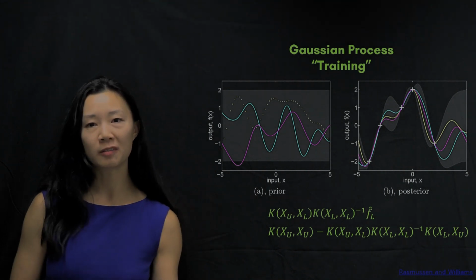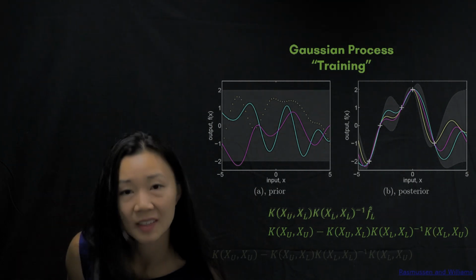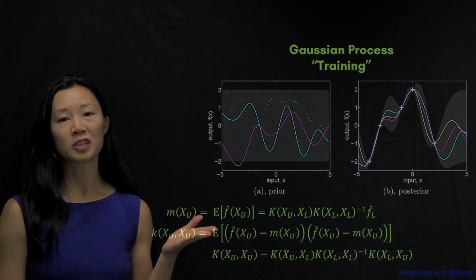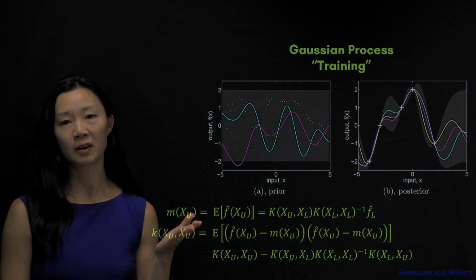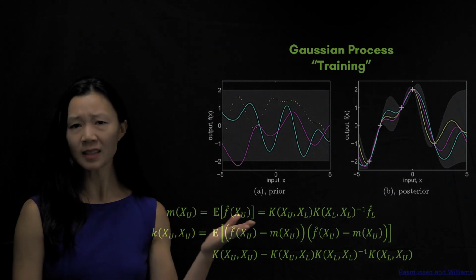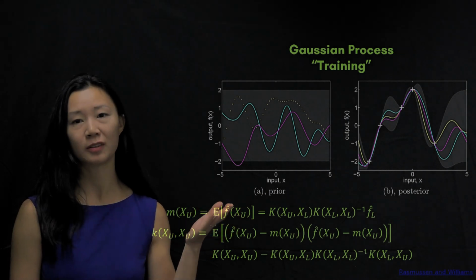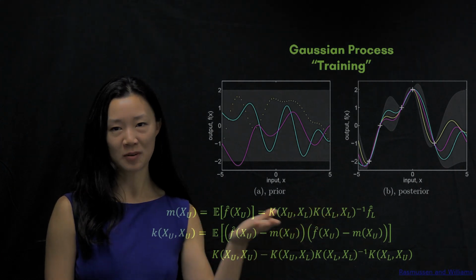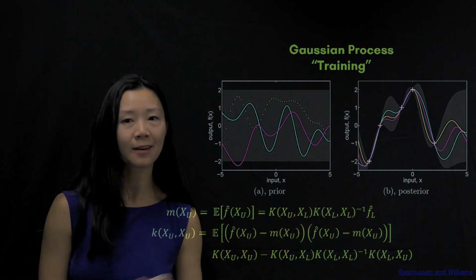With a little bit of rearranging, you can start to see that the mean function, or prediction for your unlabeled data, which is the expected value of your function approximation at your test points, takes this form, so just a little bit easier on the eyes.